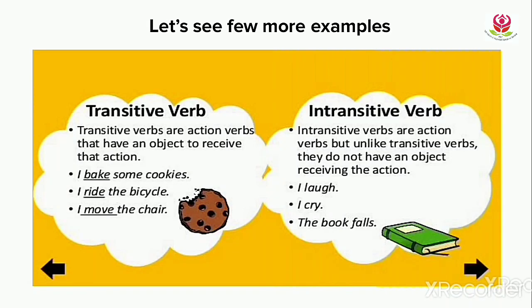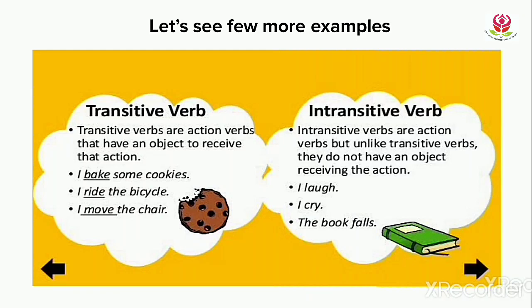Now, let's see a few more examples to clear the grammar topic of transitive verb and intransitive verb. Transitive verbs are action verbs that have an object to receive that action. And intransitive verbs are action verbs, but unlike transitive verbs, they do not have an object receiving the action. If I give you one verb, bake, then I bake some cookies.